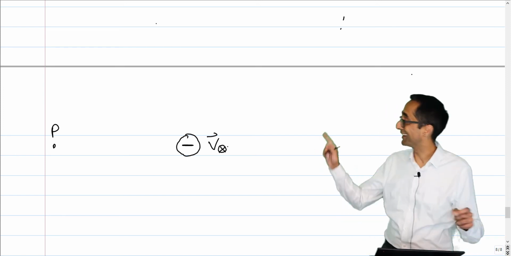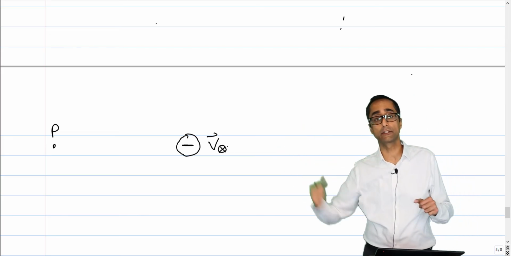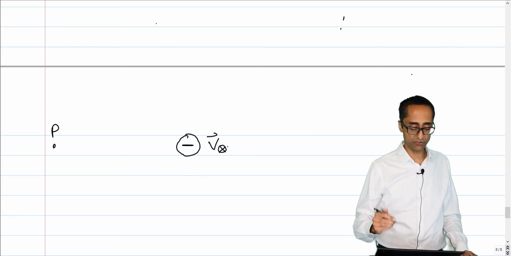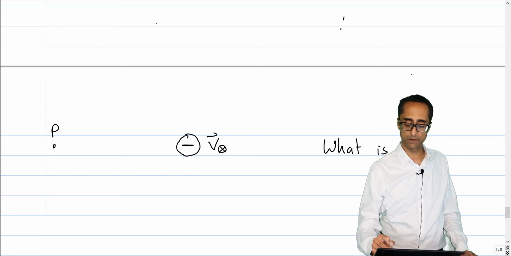So that negative charge is going into the page. That's the direction of its velocity. And so once again, what is the direction of B at P? Pause it and try it for yourself.